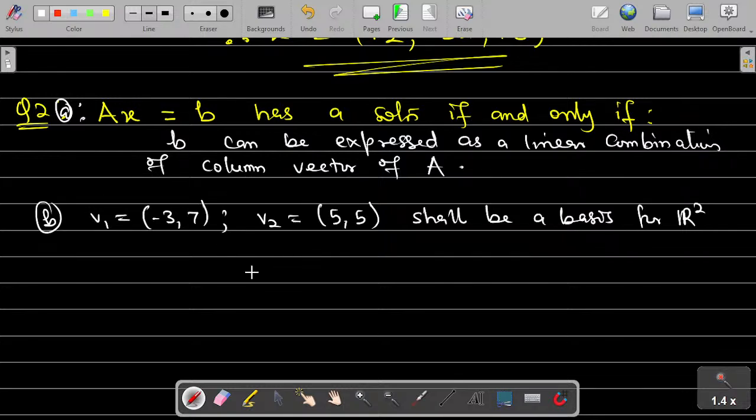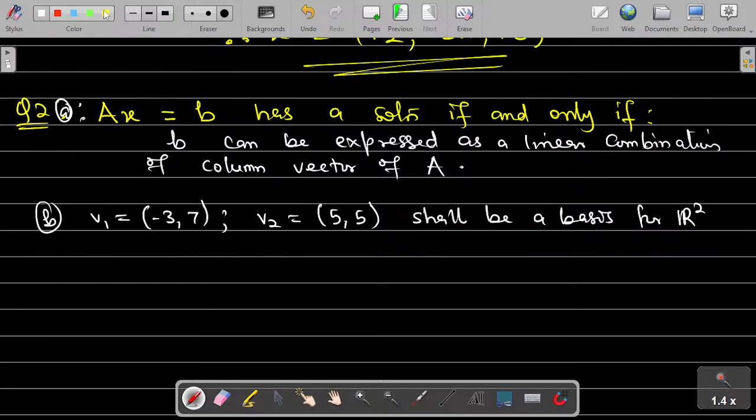You can quickly try to show that it is linearly independent by showing that the matrix is invertible. That's actually what I said here.